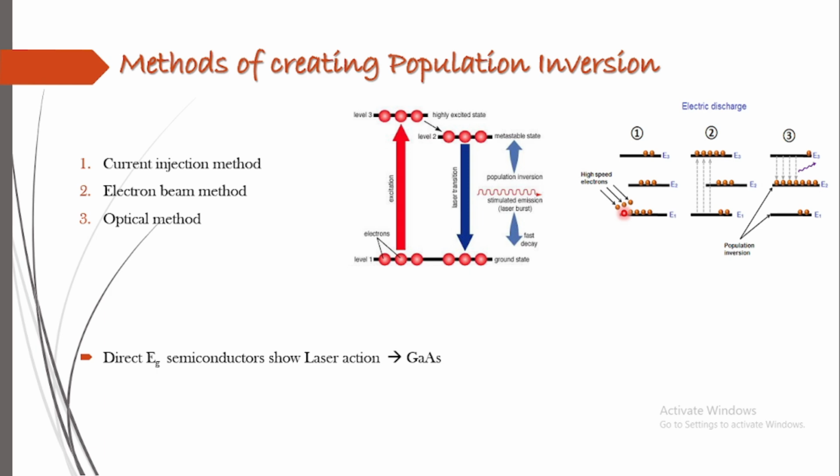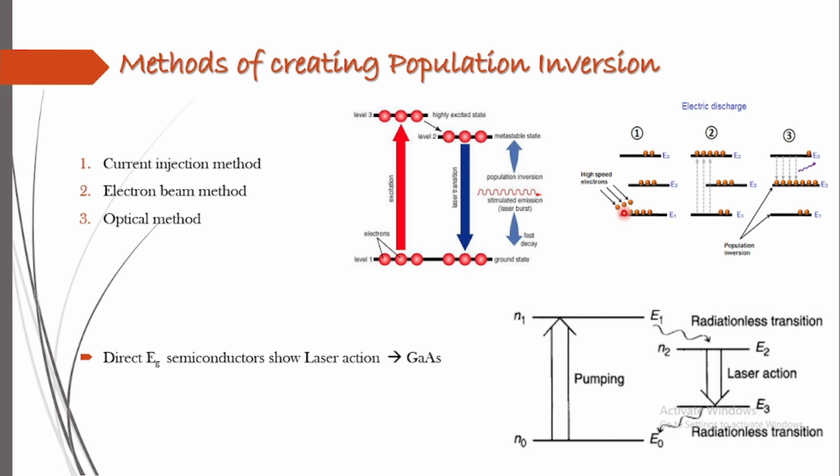But one thing to remember is the direct band gap semiconductors are going to show the population inversion, that is the laser action. So generally silicon and germanium, which are indirect band gap semiconductors, are not preferred because they don't show the lasing action, because there is a requirement of a phonon for assisting the excitation.